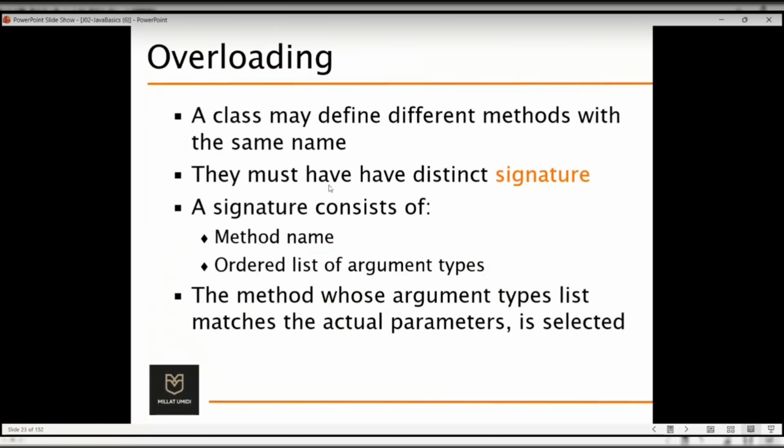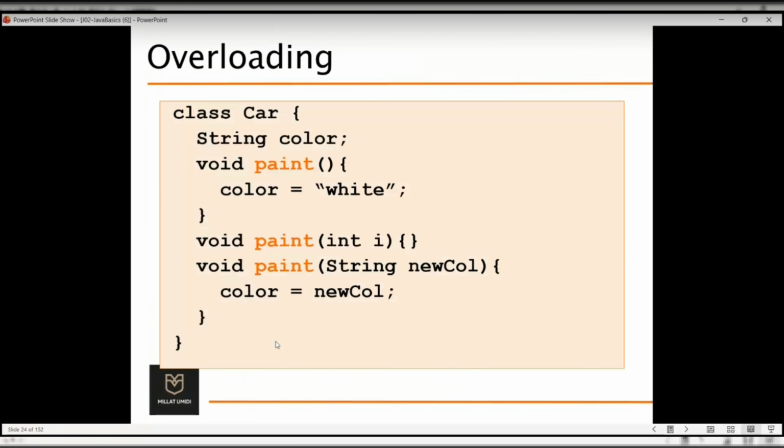So they must have distinct signatures. Signature is their parameters. A signature consists of the method name and then an ordered list of argument types. And the method whose argument types best match the actual parameters is selected. Here in the example, you can understand it more fully. So we have the class car.